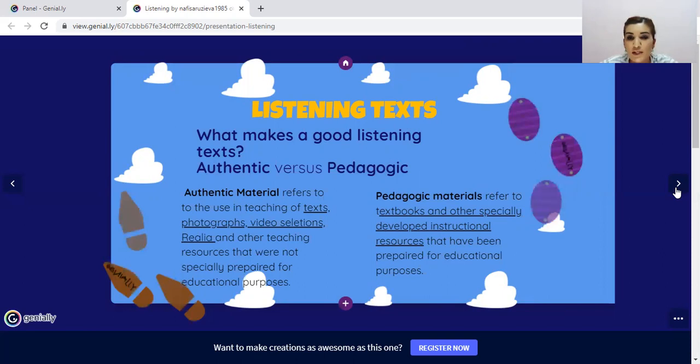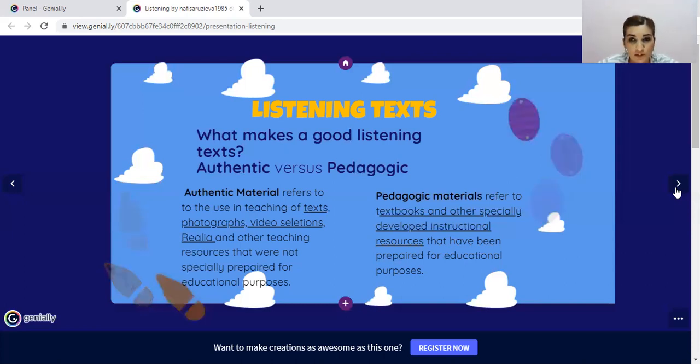It means we should bring real life objects to our classroom. For example, we may use a real menu for making dialogues. We will have our students make a dialogue as if they are at a restaurant with the help of a real menu.